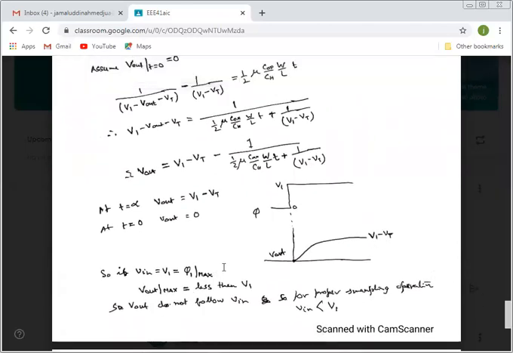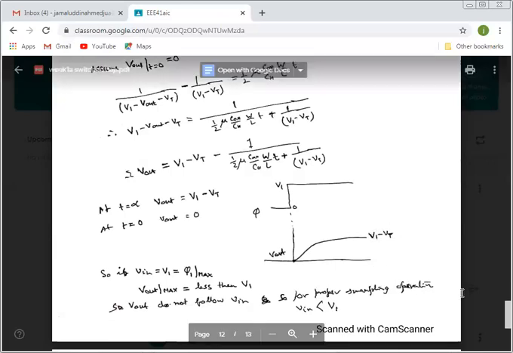Though we are sending V in, it will be increasing gradually, and it will increase up to V1 minus VT, because V in and V1 are equal. So if the clock high and the input high are the same, then we can go maximum to V in or V1 minus VT.